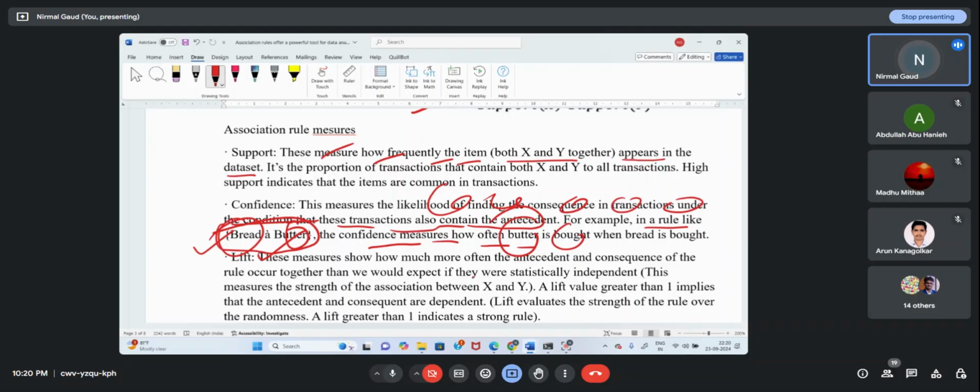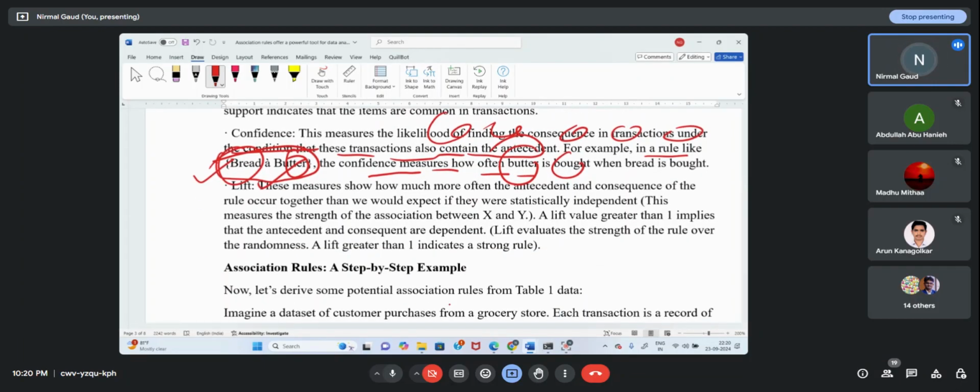Okay, and then we have lift. Another measure, lift, tells how much more often the antecedent and the consequent of the rule occur together than we could expect if they were statistically independent. What does it mean? This measures the strength of association between x and y.